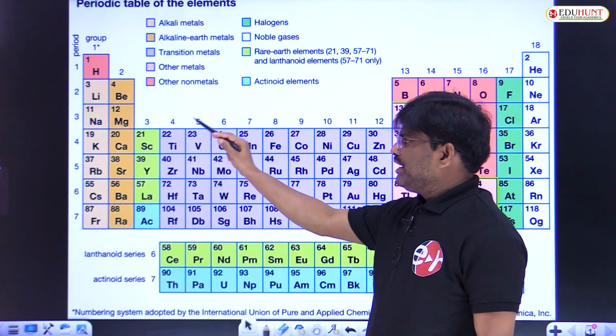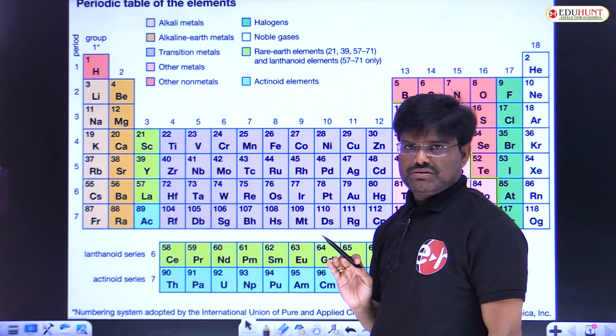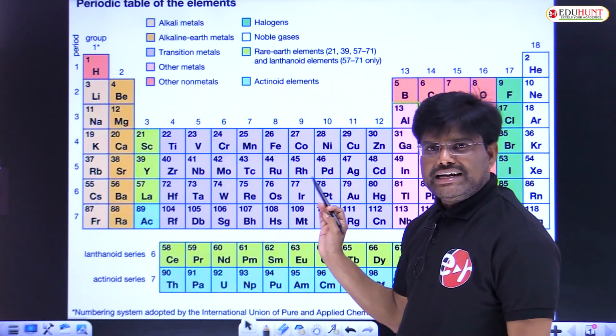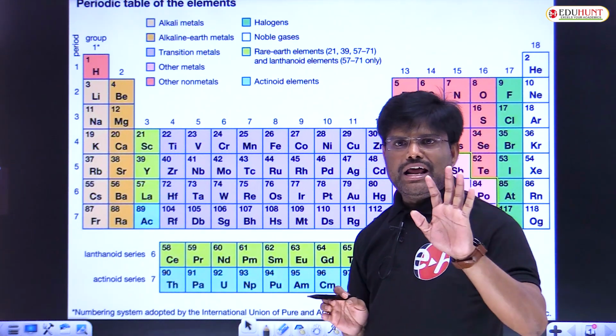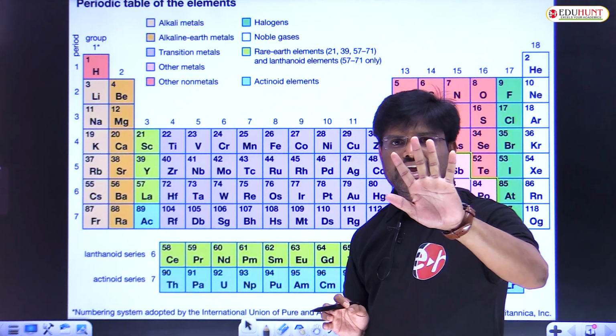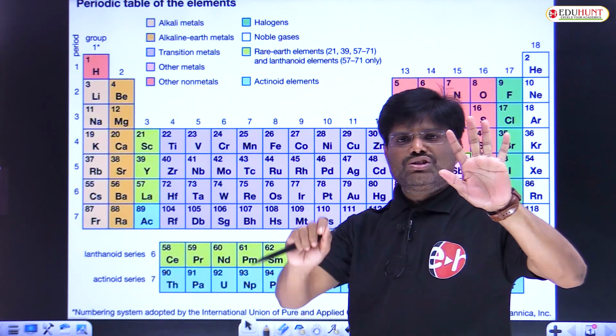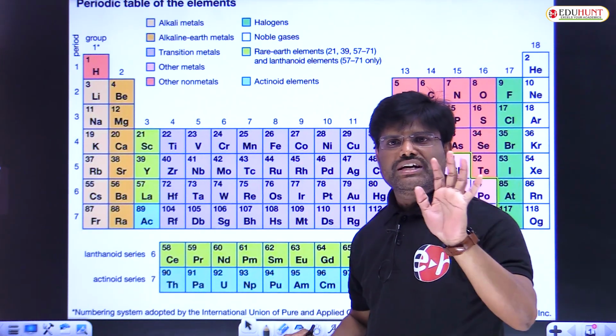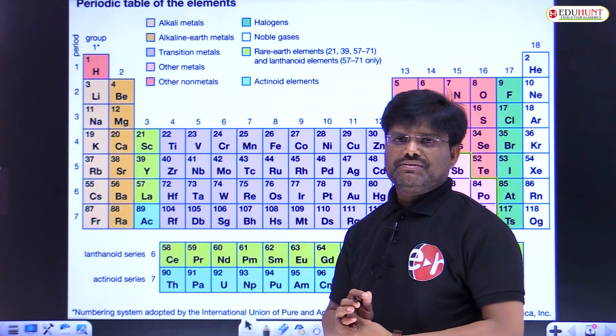So it contains 10 groups. Why does it contain 10 groups? Because D orbitals are 5, and each holds 2 electrons, so 5 twos are 10. That's why 10 groups come.